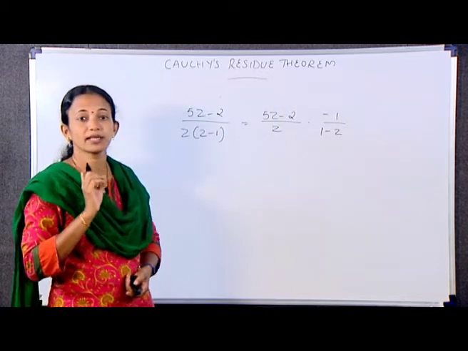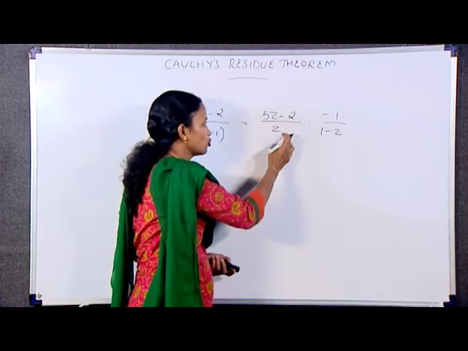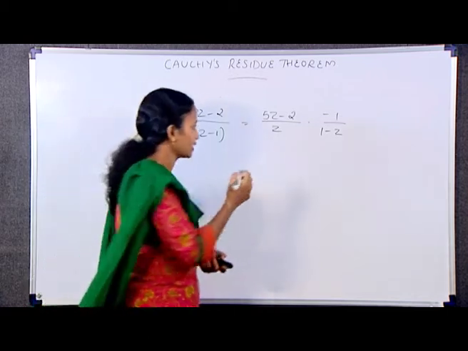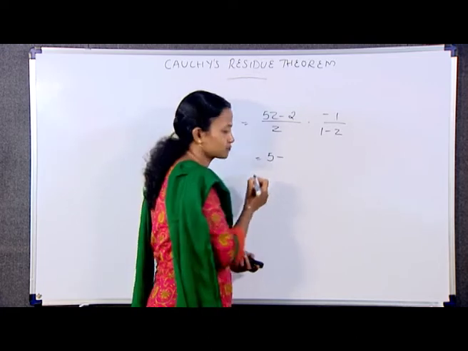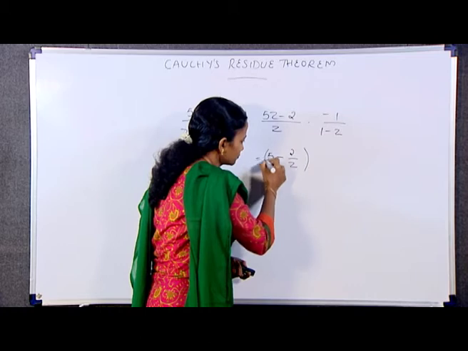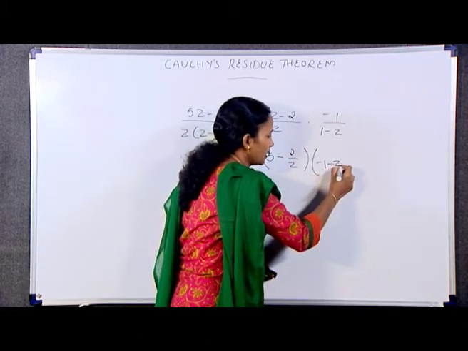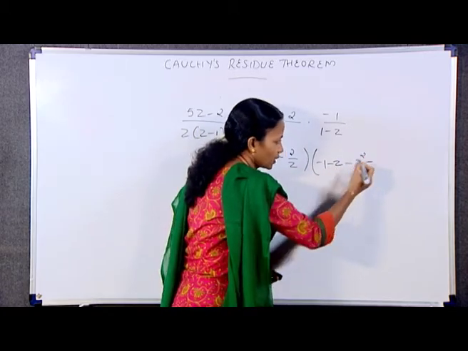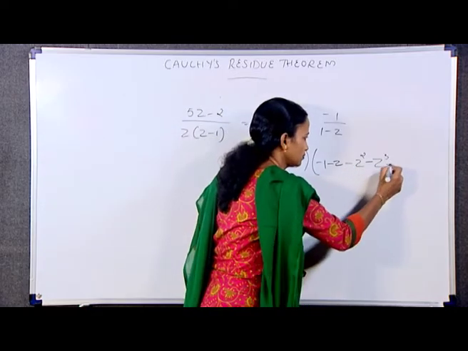This I can write as (5 minus 2 by z) into minus (1 plus z plus z square plus z cube plus etc.).